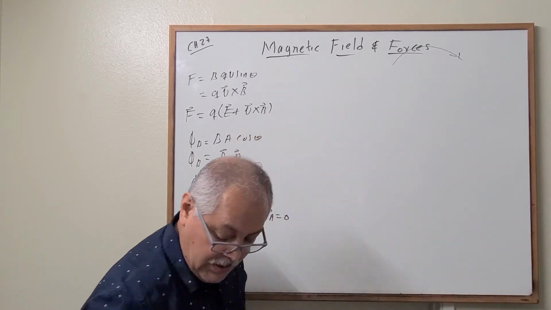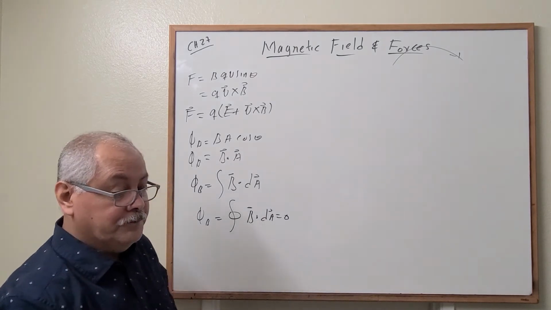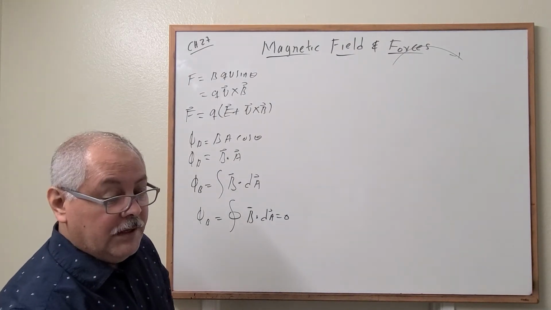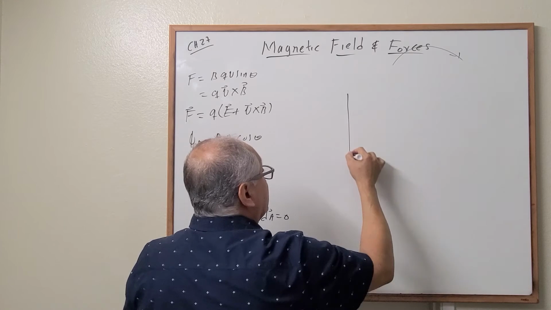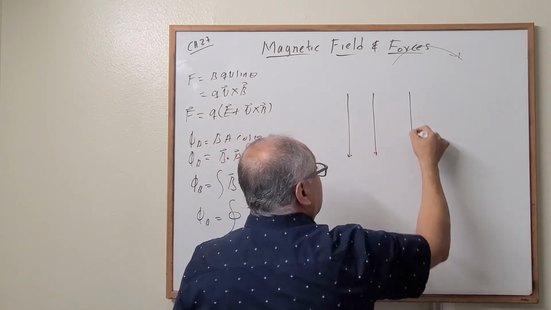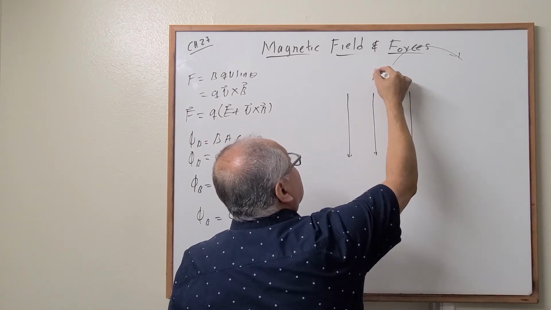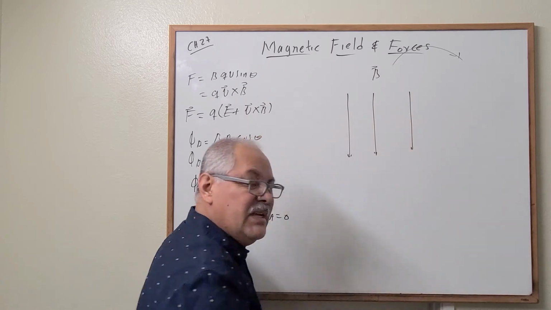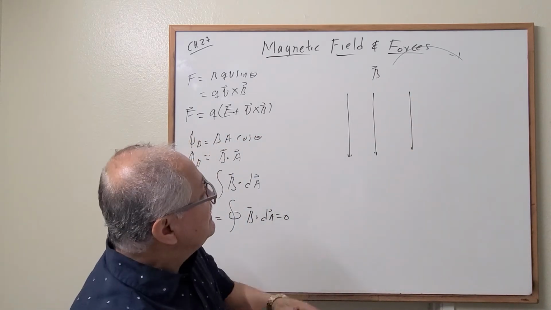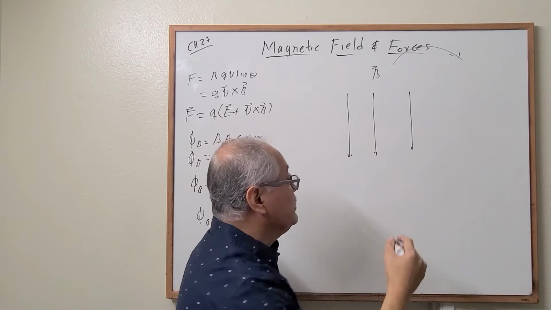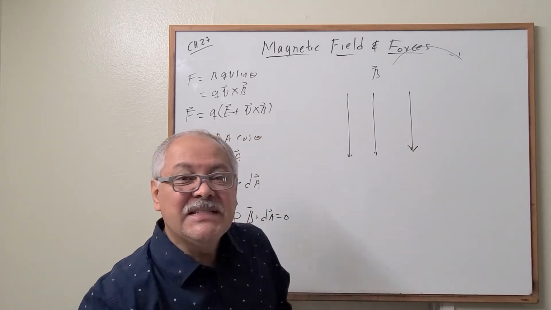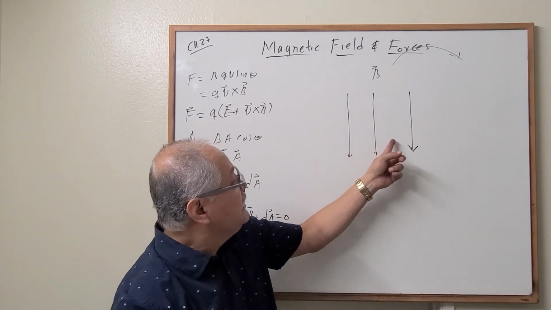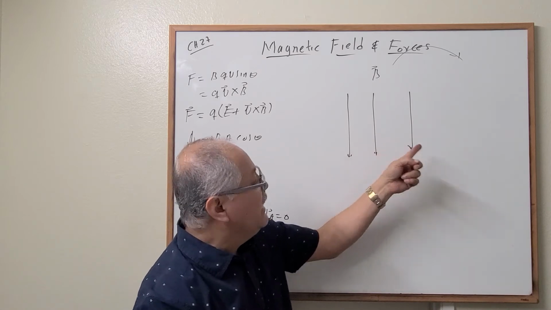Imagine that we have the magnetic field, which is constant. When we say that it's constant, it means that it has the same magnitude and the same direction. When we say the same magnitude, the space between these lines is the same.